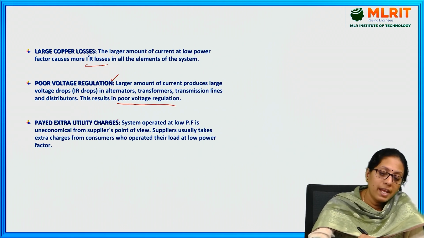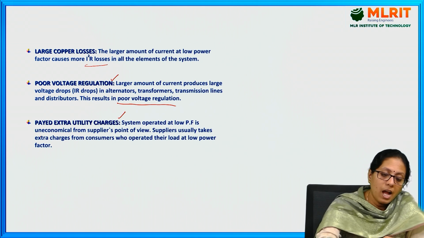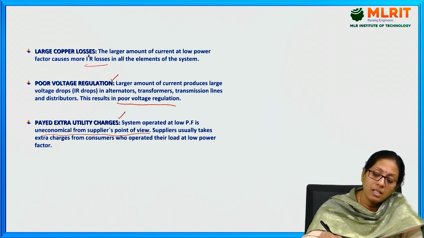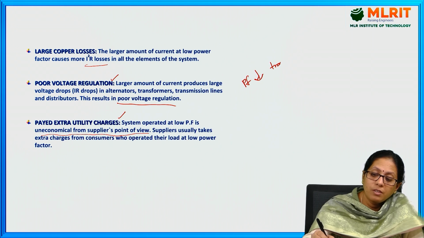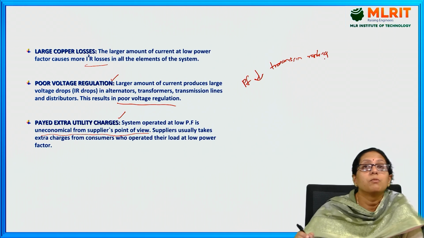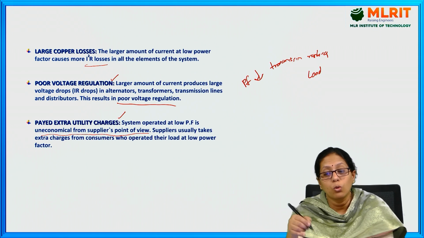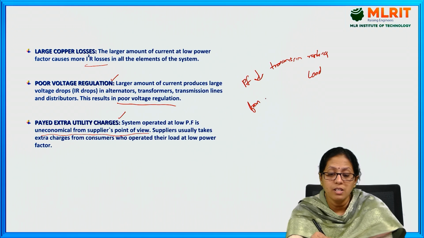Next one is extra utility charges. As the system power factor reduces, it becomes uneconomical from the supplier's point of view. As the power factor reduces, the transmission efficiency reduces, and in order to provide proper power to the load, more power should be transmitted from the generating stations.